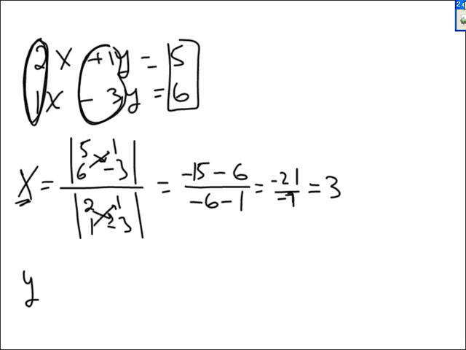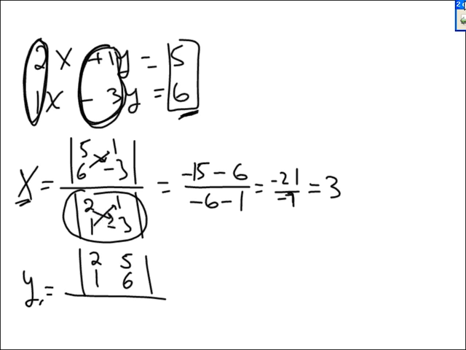What is y equal? In the numerator, you put the coefficients of the numbers in front of x first, and then, since we're solving for y, instead of the coefficients in front of y, put the right-hand numbers. And the bottom is going to be the same.